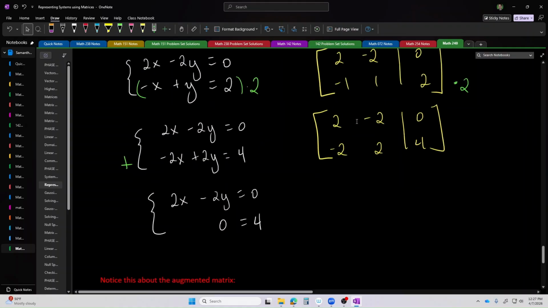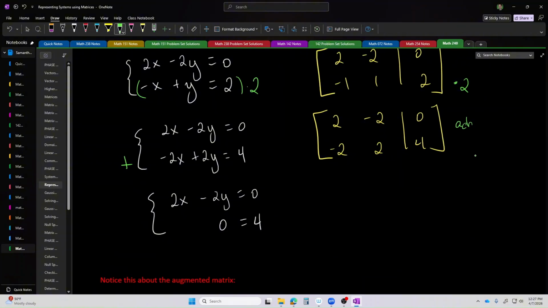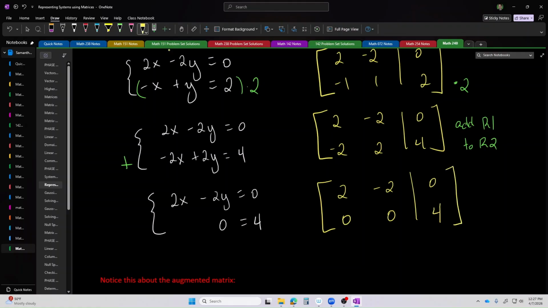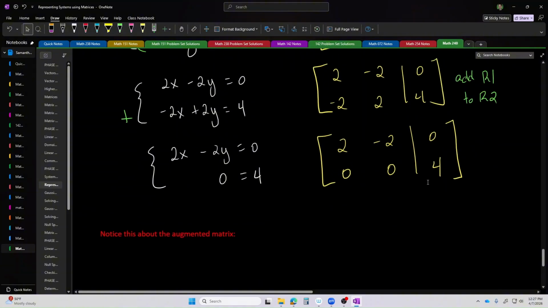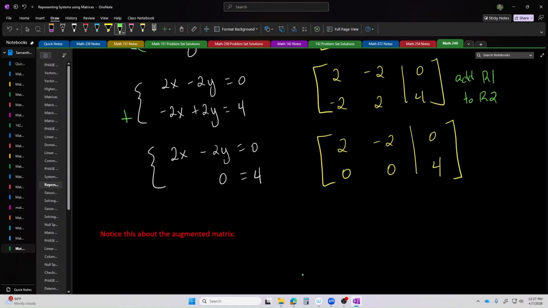And if I then add the first row into the second row, that's going to turn my augmented matrix into 2, minus 2, bar 0 in the top position and 0, 0, bar 4 in the second position. So on the left side of the bar, we have all zeros. On the right side of the bar, we have a non-zero number. And so this is the augmented matrix equivalent of what we got in the system, 0 equals 4.